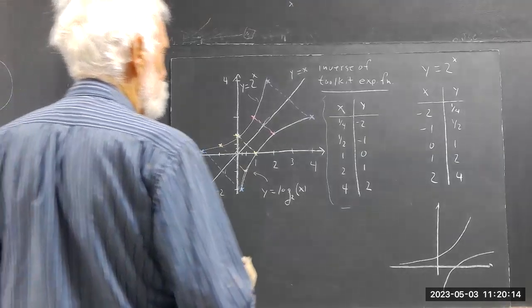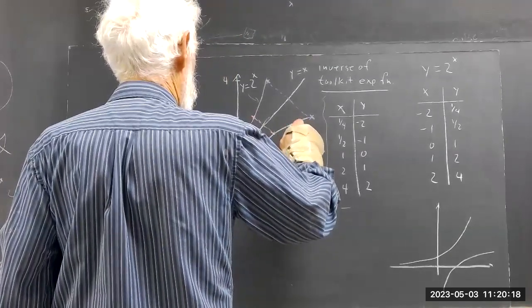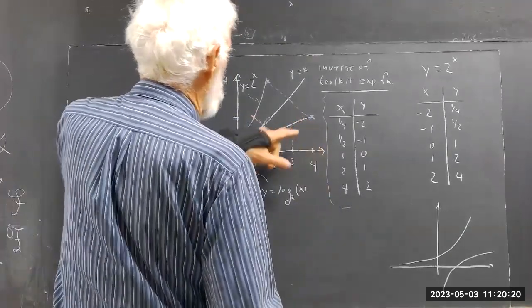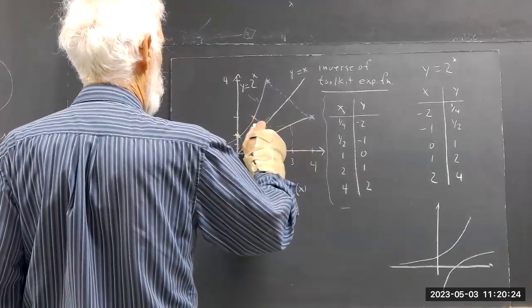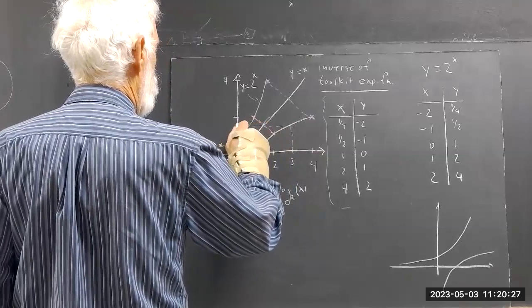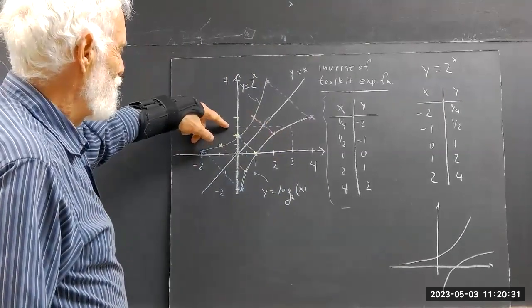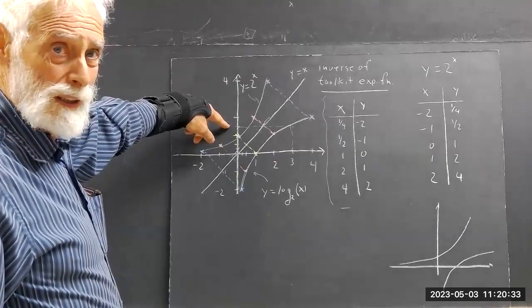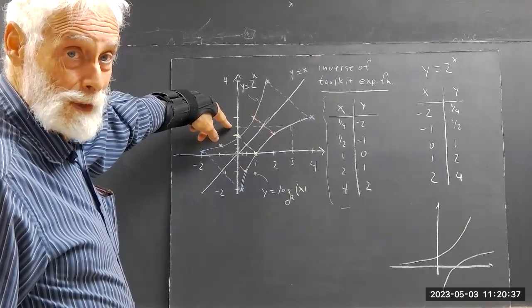Okay, now if I make an honest estimate here of what y is going to be if x equals 3, I come over here and it's a little more than 1.5, so I'm going to estimate that this might be 1.6.